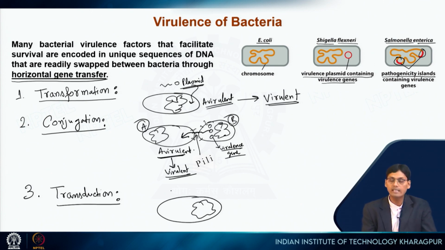Now this bacteria can be attacked by some virus, particularly these viruses are called bacteriophages. So the bacteriophage will inject DNA into this bacteria, and this phage virus attacks many bacteria at different time points, and acquires some virulence encoding genes. So they can also send these virulence encoding genes to this bacteria, and now this bacteria becomes virulent, although before this process it was avirulent.